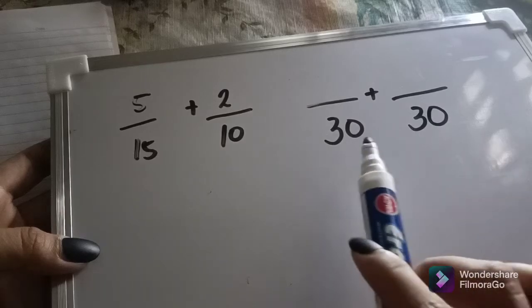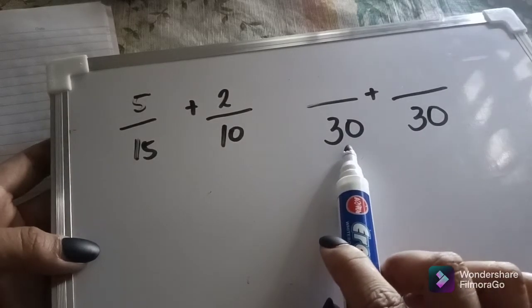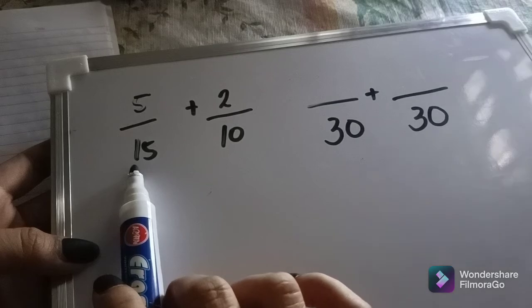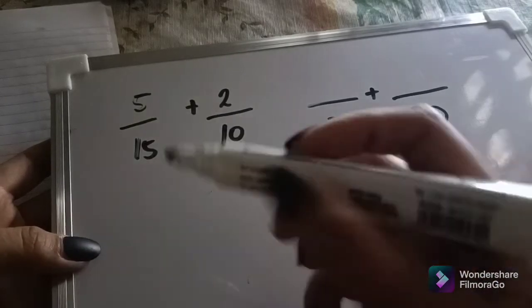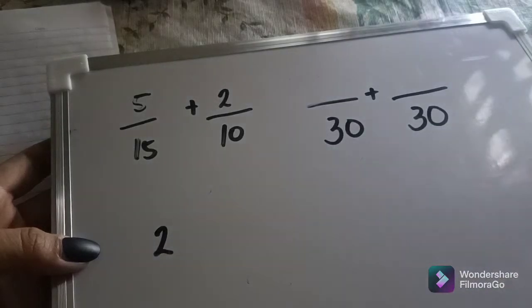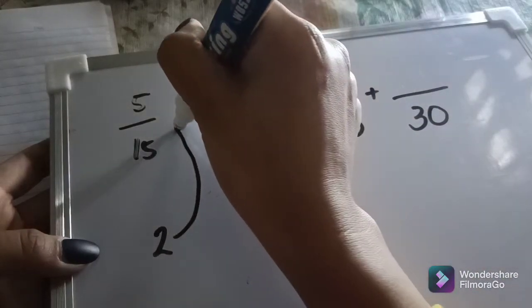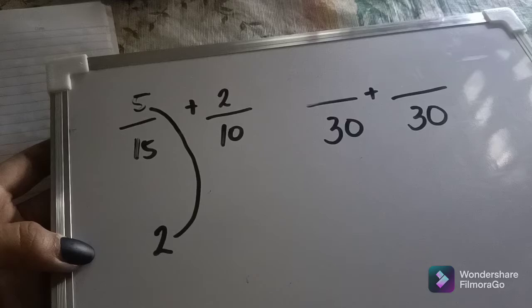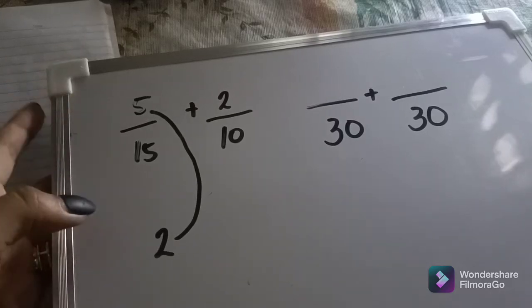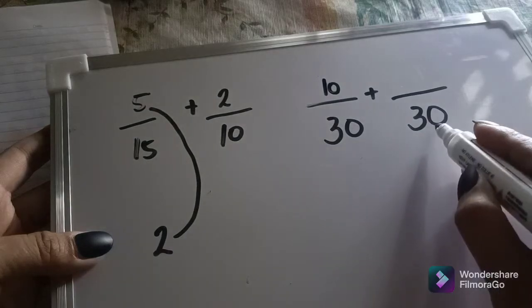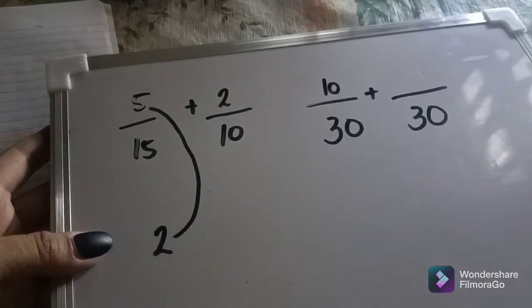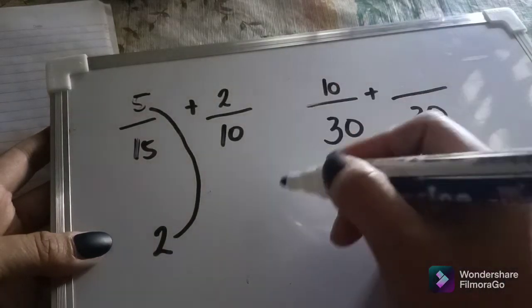Okay, what will we do next? The new denominator should be divided by the old denominator. So 30 divided by 15, 2. And then what are we going to do next? Multiply 2 and the numerator. So 2 times 5. Okay, so we got here 10. So the same, 30 divided by 10. 3. 3, very good.